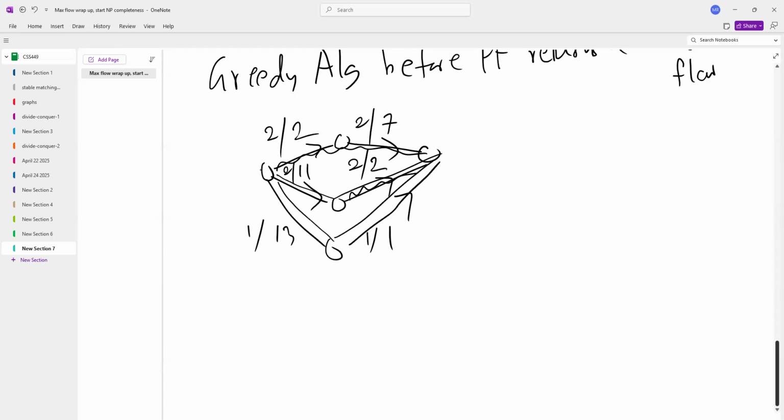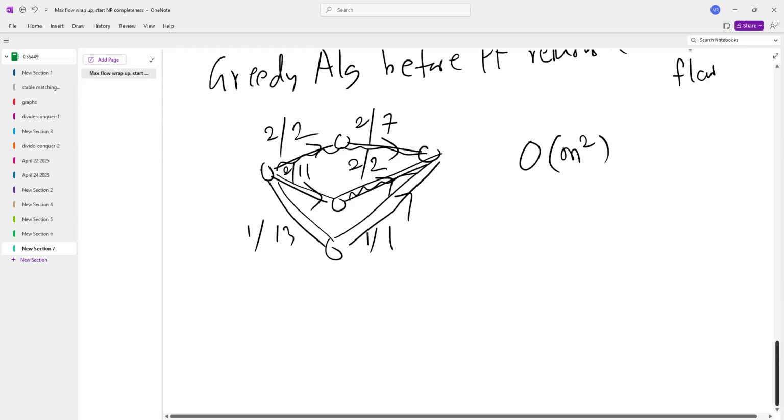And if I have m edges total in one path computation, once I find the path, I can only saturate at most one edge. So at the end of the iteration, I still have m minus 1 edges that can be saturated. So in the worst case, it's m times m. So you can do this in order of m squared. That's the time it takes to compute one blocking flow in the worst case, right?